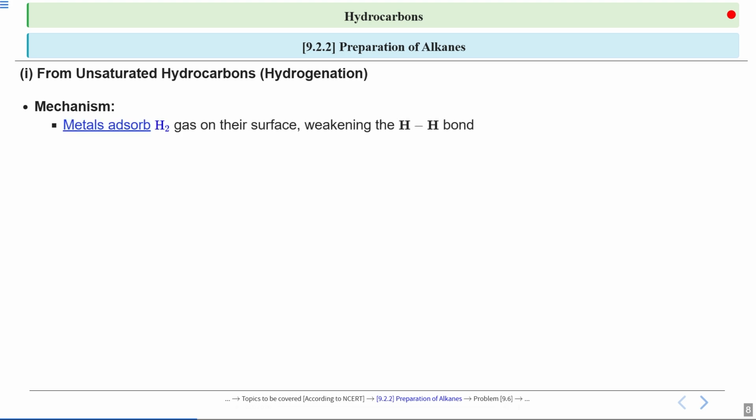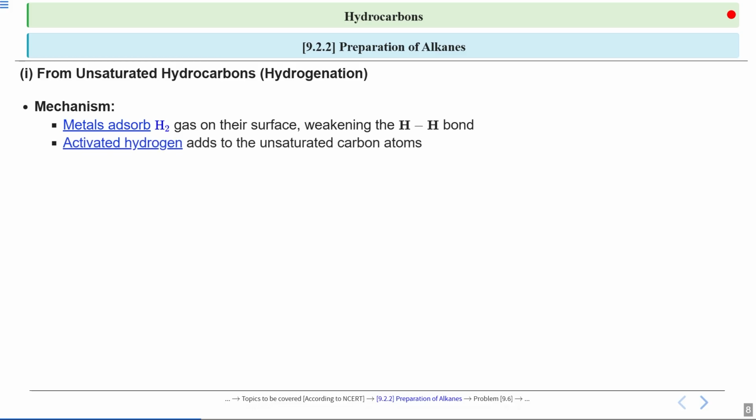Now with the hydrogen activated, it can add to the unsaturated carbon atoms. So this is a key part of the hydrogenation process where the double bond or triple bond in unsaturated hydrocarbons is converted into a single bond, forming alkanes. So this transformation is what makes hydrogenation so valuable in organic chemistry.